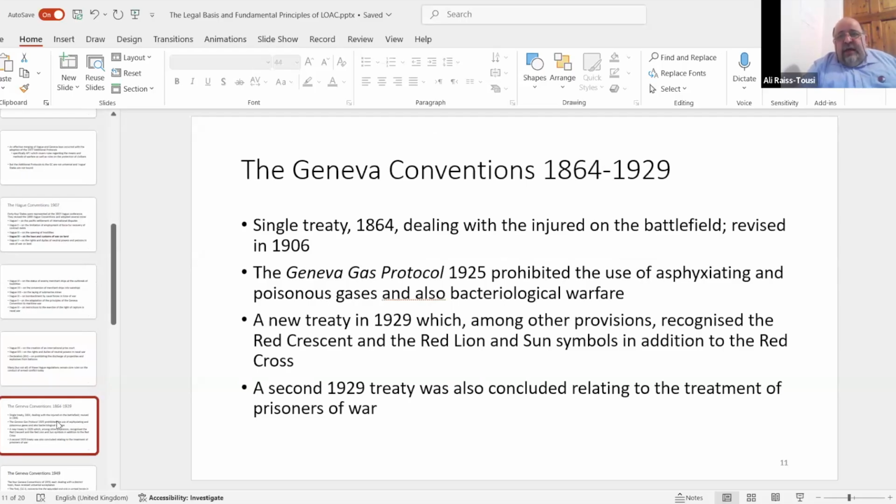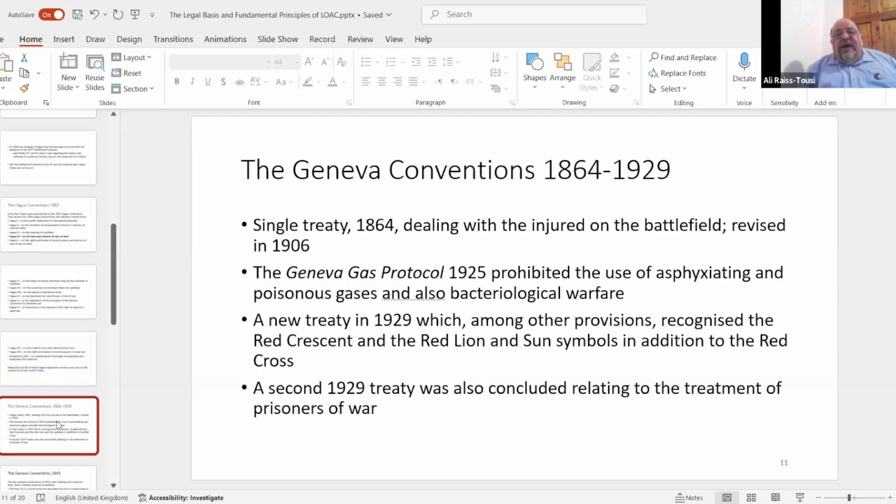Historically, the first Geneva Convention was negotiated and agreed in 1864. It dealt only with injured people on the battlefield. This treaty was revised in 1906.